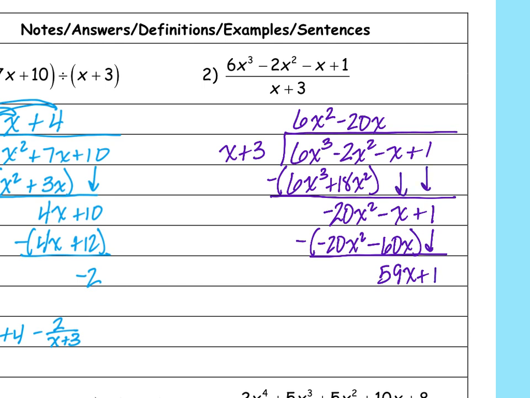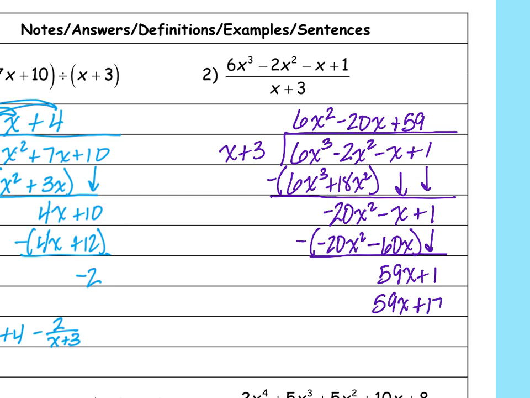Okay, so what do I multiply x by to get 59x? 59, very good. And so I'm going to distribute. So 59 times x is 59x, and 59 times 3. It's a lot. 177.